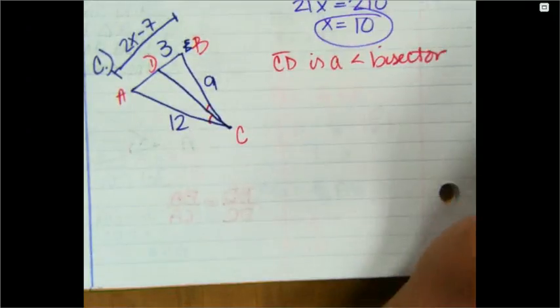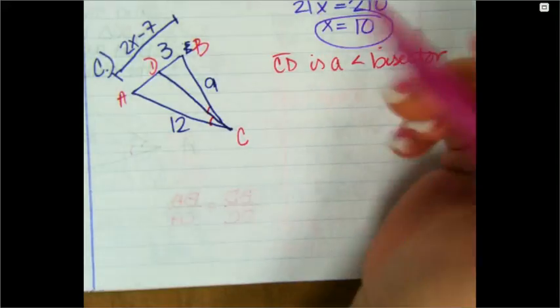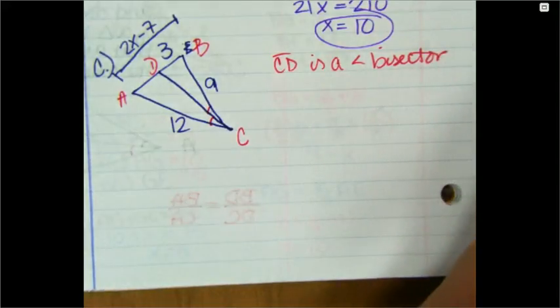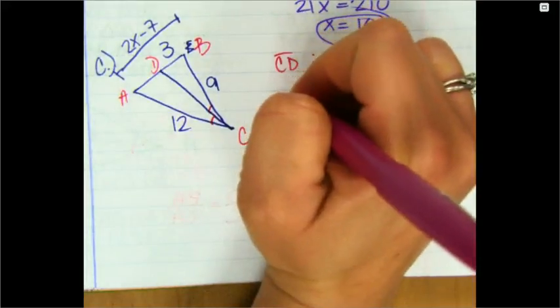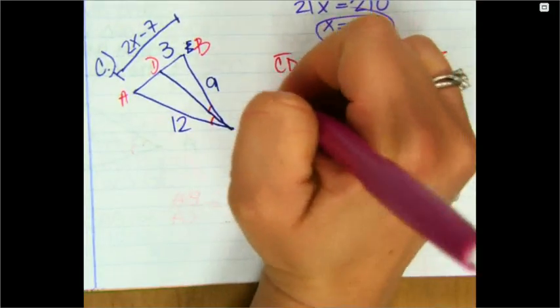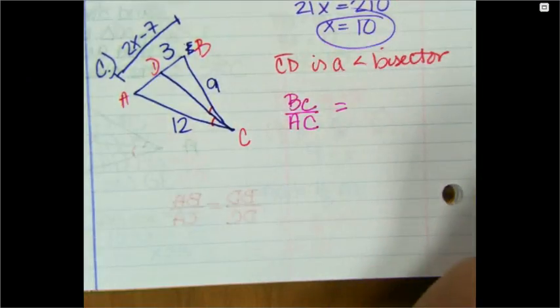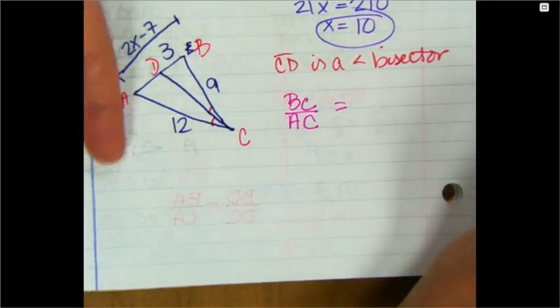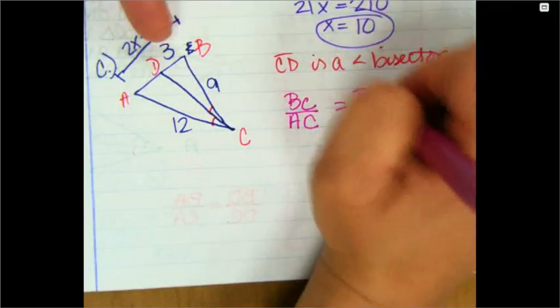If it's an angle bisector, then you have proportional sides. What are your proportional sides? AC over BC, or BC over AC equals BD over AD.